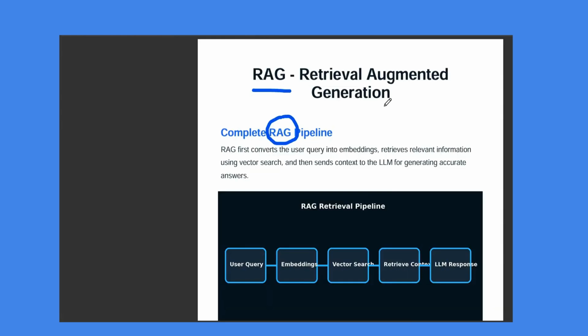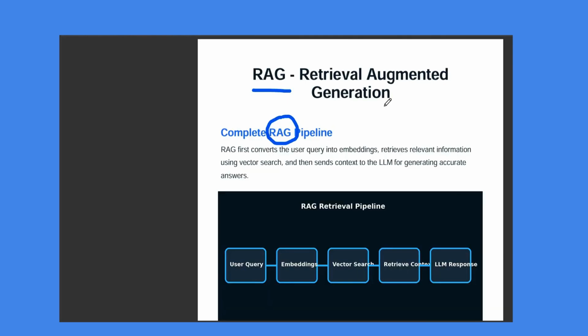Okay, but what if the information is not present in its training data, like company related documents, private confidential PDFs, HR policies, internal notes, everything, right? How will the model know all that if we ask for something? That's exactly where RAG comes in.